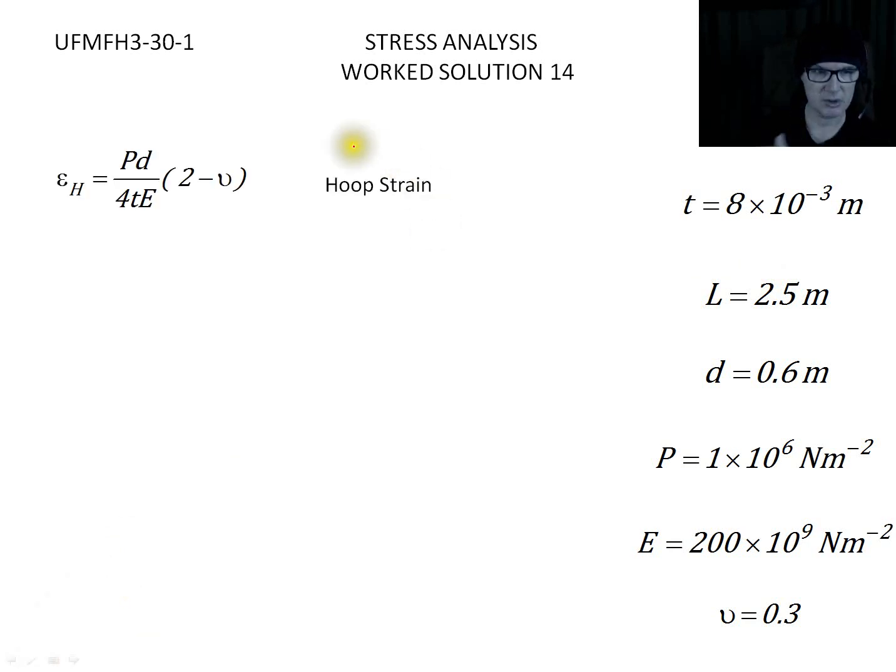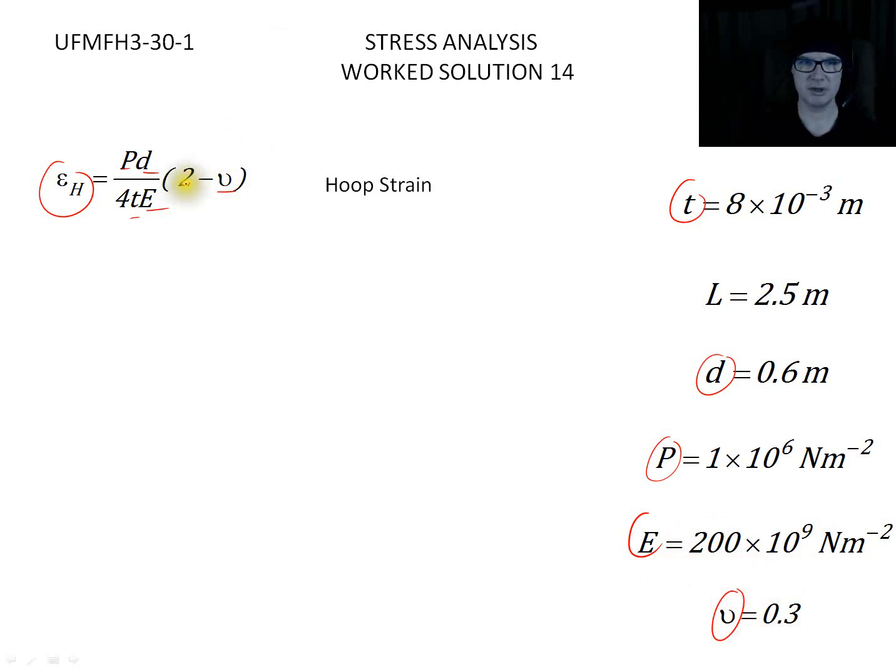Think about the first question, which is to work out the strains. So use our formula sheet and find the strain equation. I think we've got two options here, haven't we? So what you want to do is look at the data that we've got and see which ones we can fill in. We've got a P, a D, the thickness, the Young's modulus, and the Poisson's ratio.